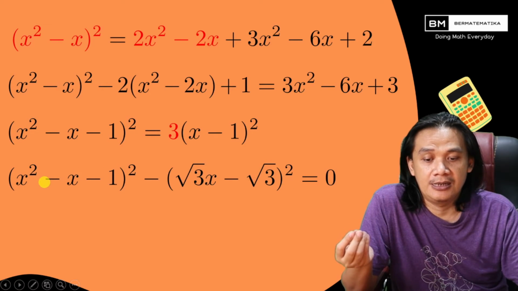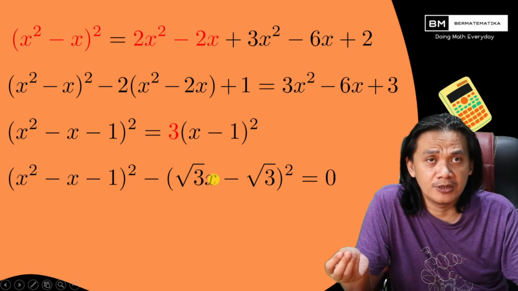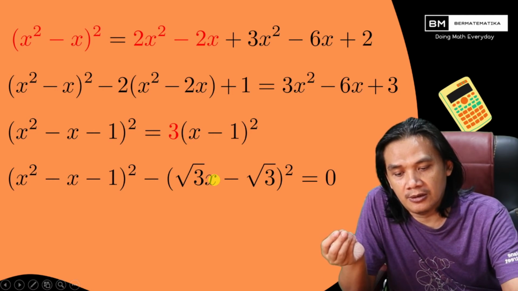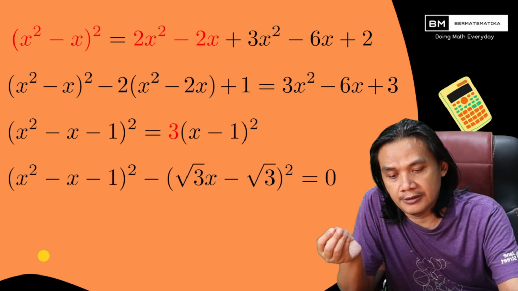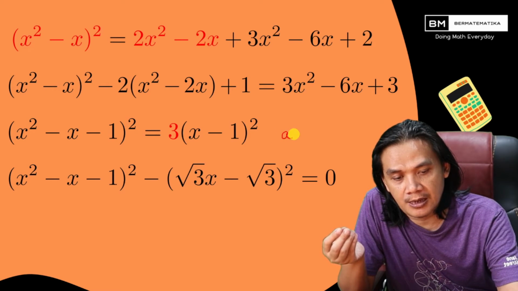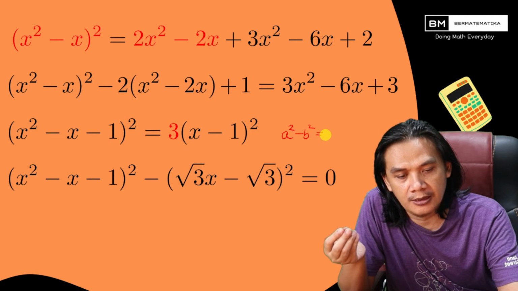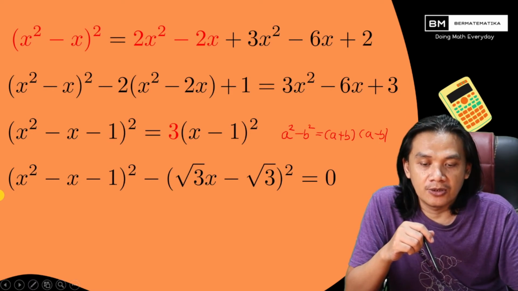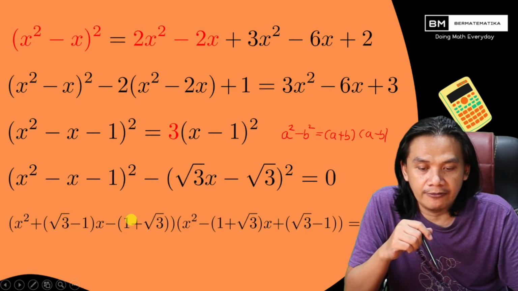So this is of the form a squared minus b squared. Recall that if we have the expression a squared minus b squared, we can factor this as a plus b times a minus b, right? So if we do so, then we have the following.